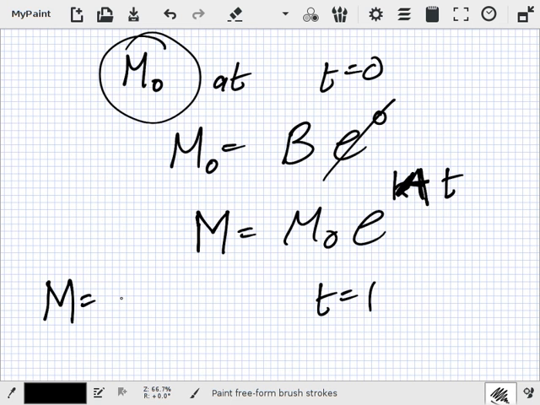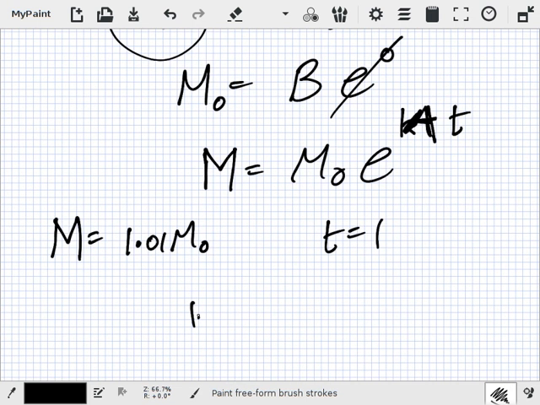It's 1.01 M0, because you added on 1/100 of M0. It can't be 0.01 M0, because that means you would have less. It has to be an addition to her balance. So we have 1.01 M0 equals M0 e^(1A).